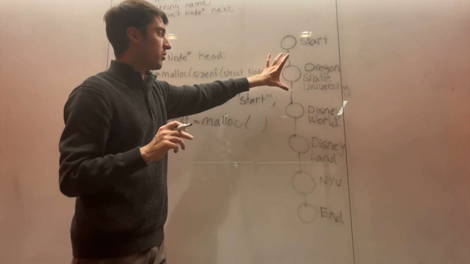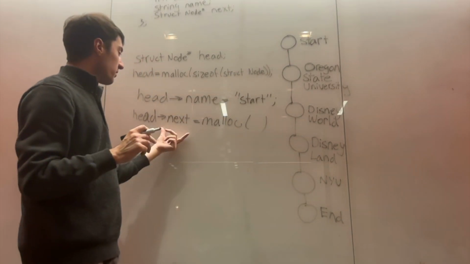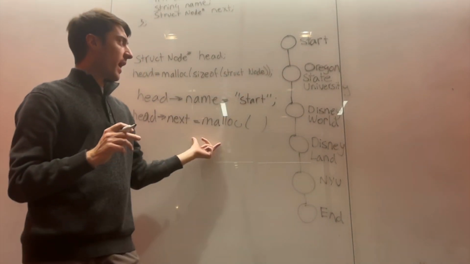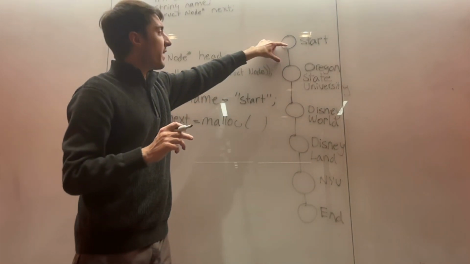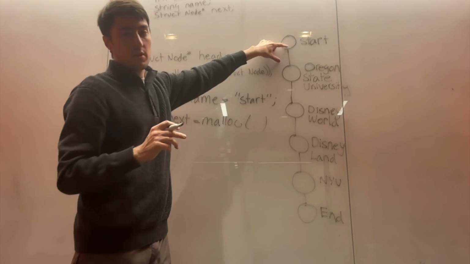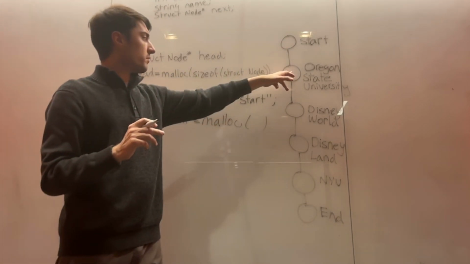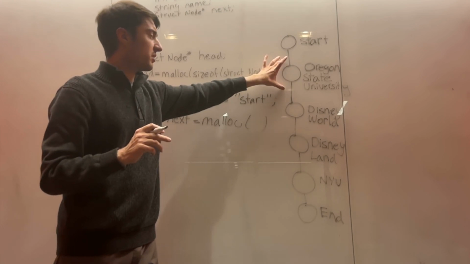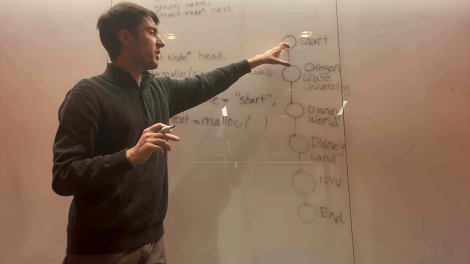So we allocate a new piece of memory here, and then it stores the address of this new piece of memory in the next variable at start. Does that make sense? So we created this, and then we saved the location here at start.